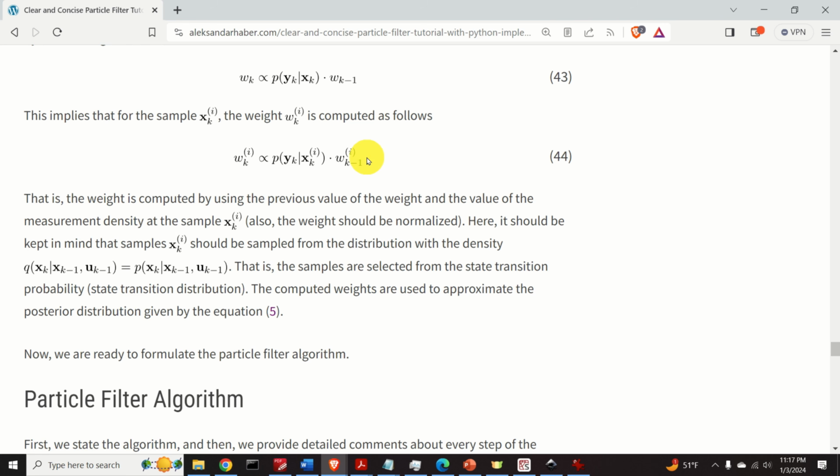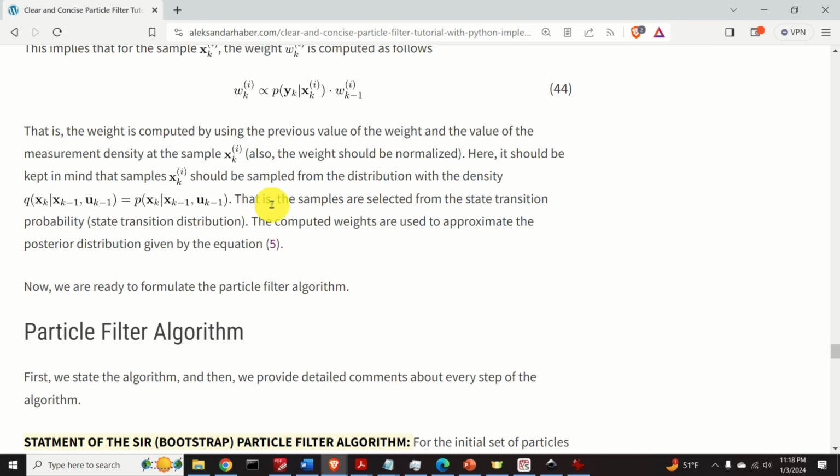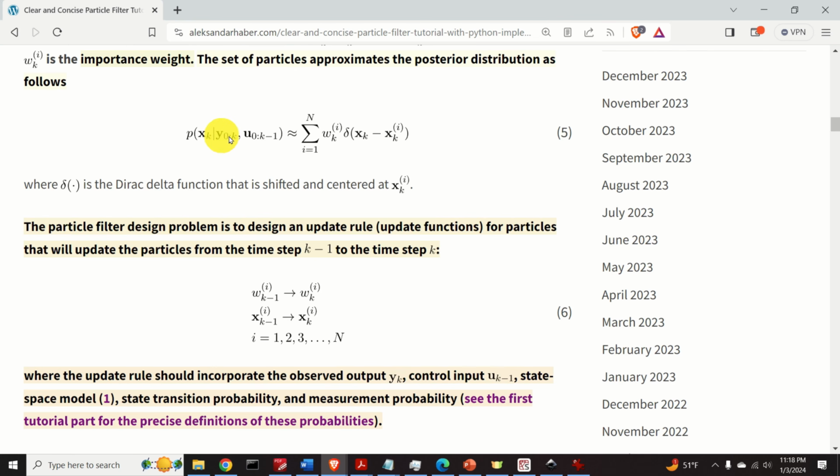Here, it should be kept in mind that the samples xk with the index psi should be sampled from the distribution with the density given by this equation. That is, they should be sampled from the state transition probability. The computed weights and the state samples are used to approximate the posterior distribution given by the equation number 5, that is, given by this equation.